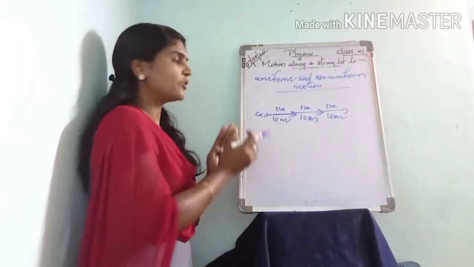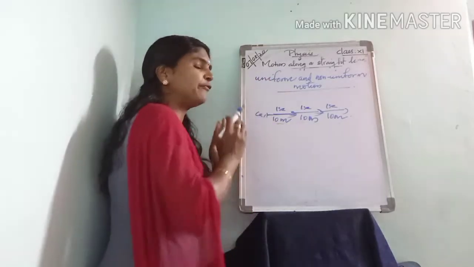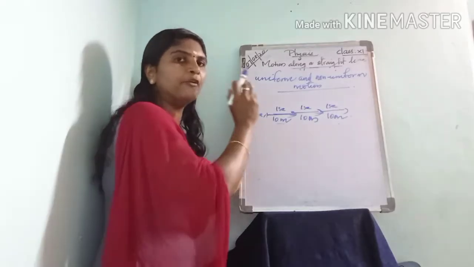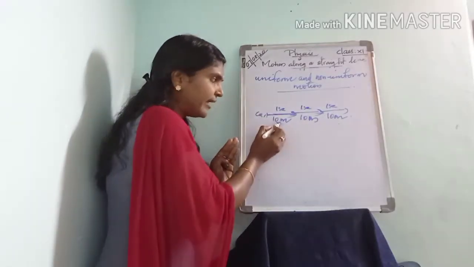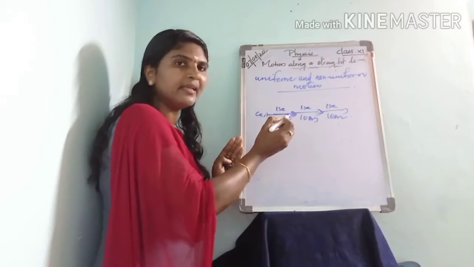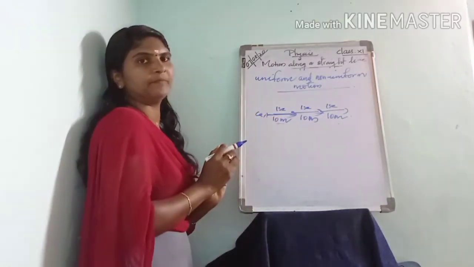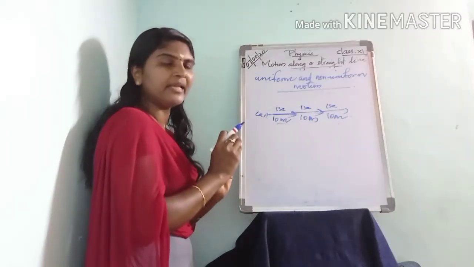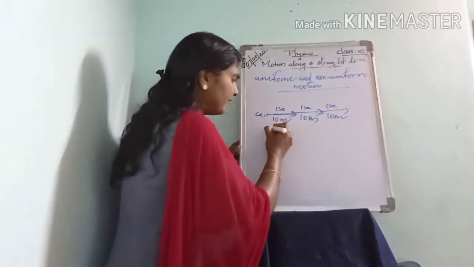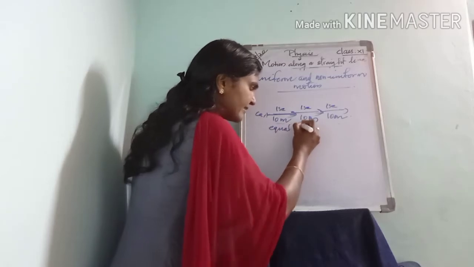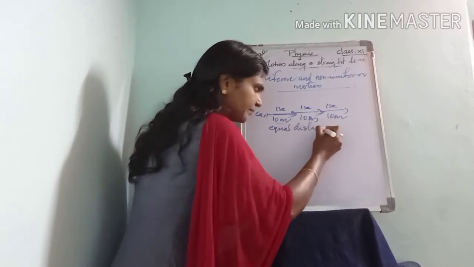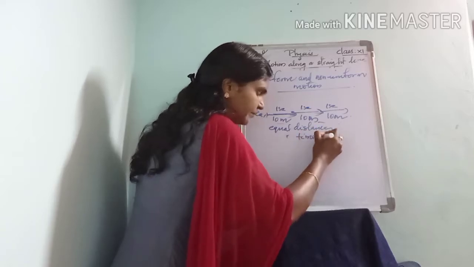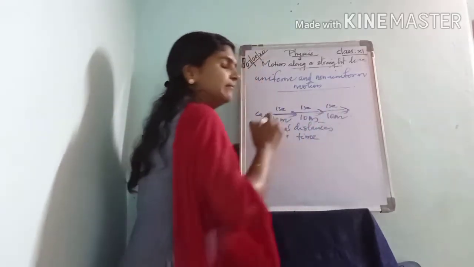Let's define uniform motion: an object is said to be in uniform motion if it covers equal distances in equal intervals of time along a straight line.